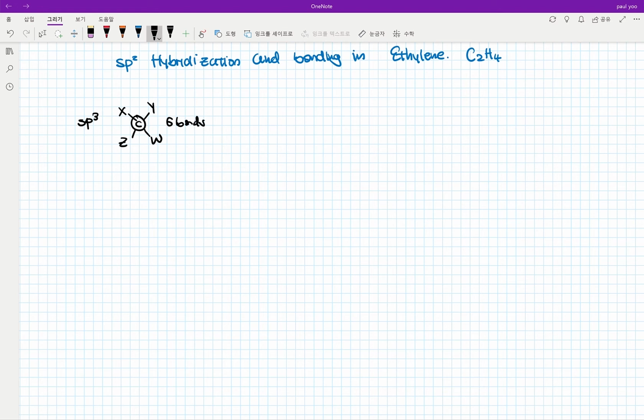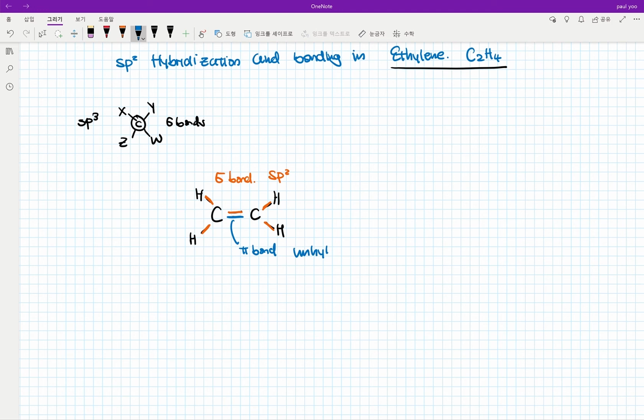bonds. But in the case of ethylene, C2H4, where there is a double bond between two carbons and two hydrogens, the bonds labeled with the yellow shall be considered as the sigma bond that is made up of sp2 hybrid orbitals, where the bond in blue shall be considered as a pi bond, and the pi bond is from an unhybridized orbital of the p shell.